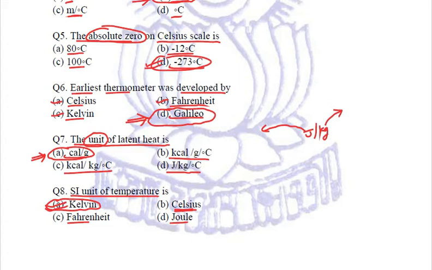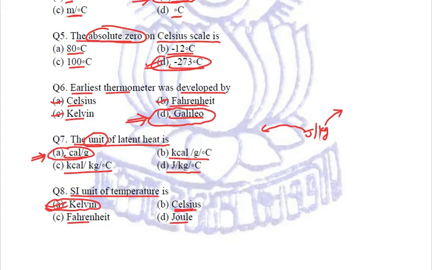Clear? Now, quite many questions we have seen the examiner asking the units, SI units. So, till question number 8, we have encountered 4 questions asking for the units. Now, what did you learn from this? If you have prepared and learned the units, perfectly fine. But if not, that means units are very important in this particular chapter.